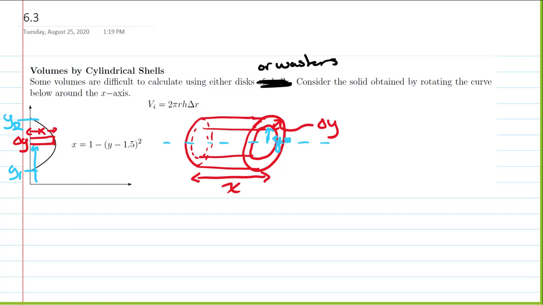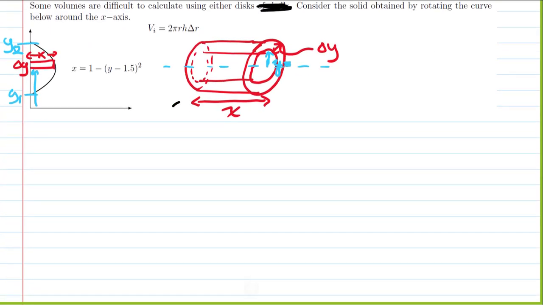So let's do a little bit of geometry on this to see if we can figure out what its volume is going to be. Imagine now we take that soda can and we cut it down its lateral side and lay it down flat. We know that this coordinate is going to be x.